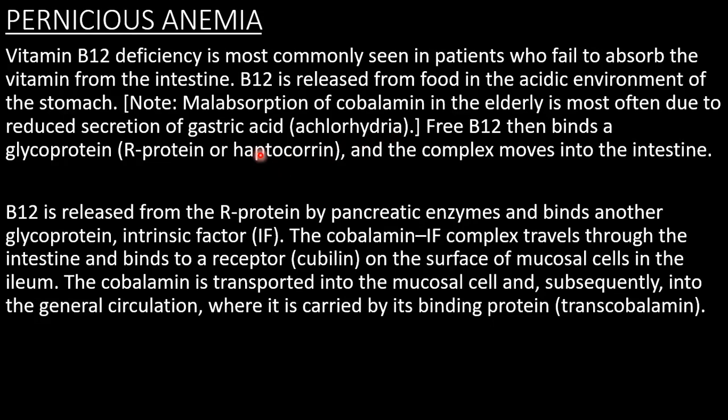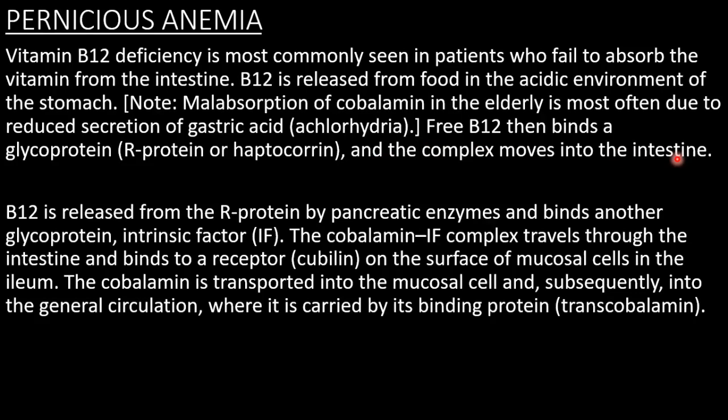The function of haptocorrin is to protect the B12 from denaturation from the acid. So it binds to haptocorrin after being released, so that it cannot be degraded by the acid. Then this haptocorrin-B12 complex will move to the intestine.